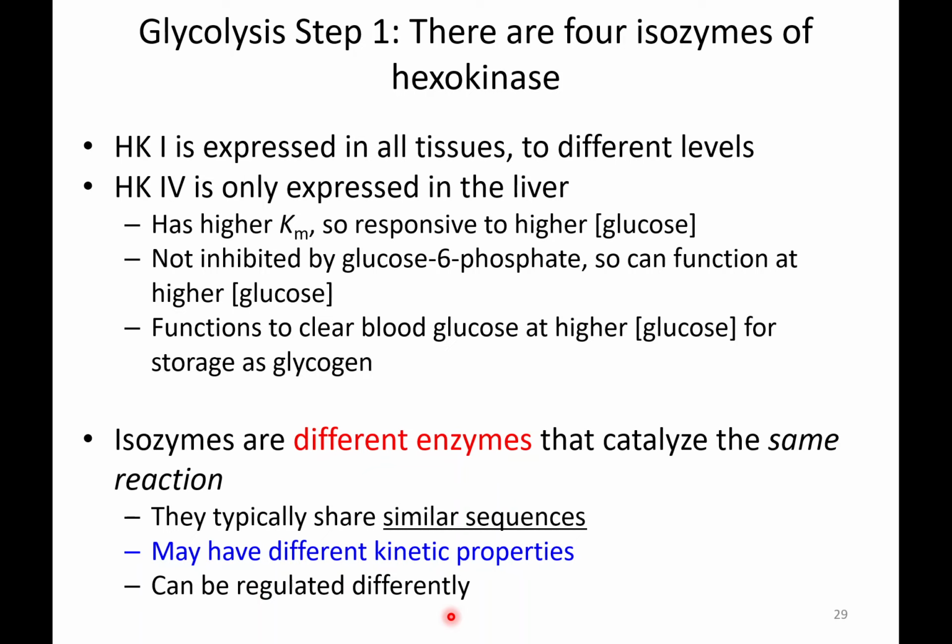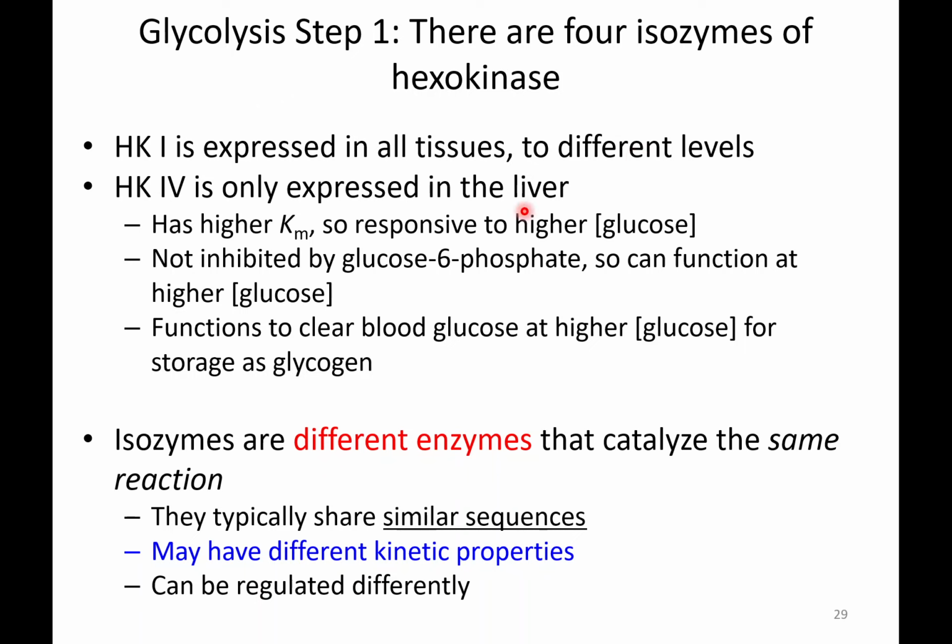One isozyme of an enzyme might be expressed in liver, and another isozyme might be expressed more in the heart or in the brain. Hexokinase 1 is expressed in all tissues. There are different levels of expression, but it's expressed everywhere.